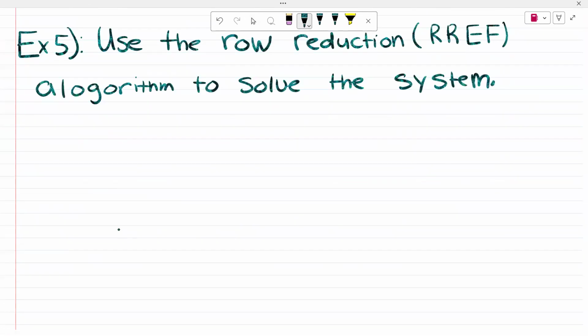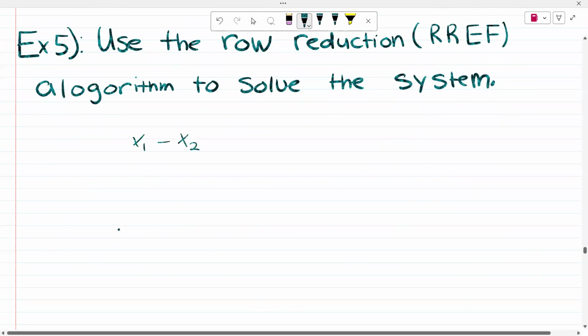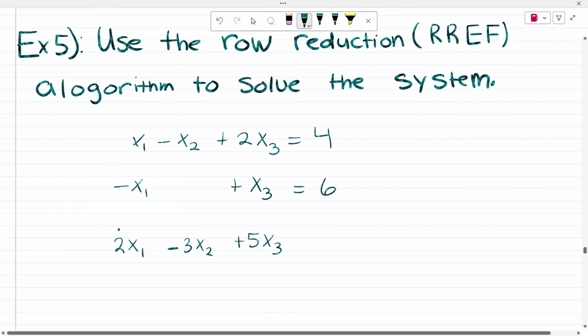So we have x1 here. Okay, so here's our system of equations.